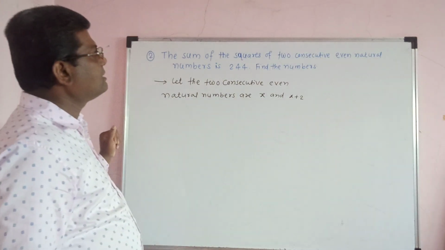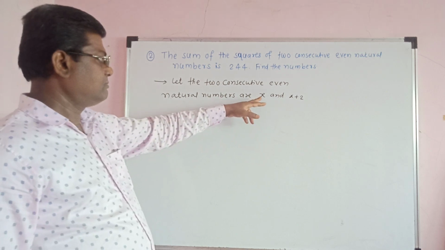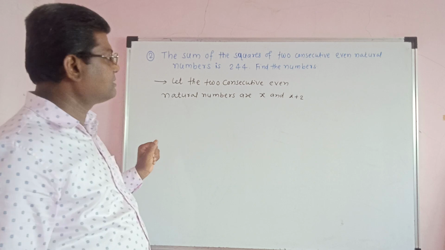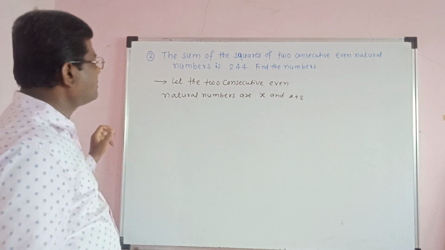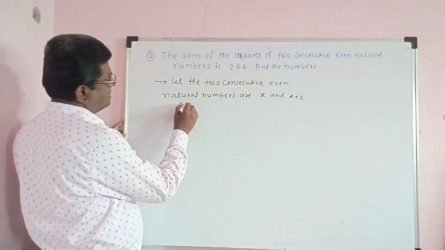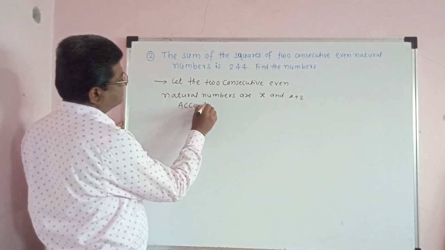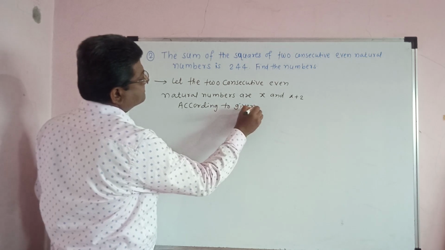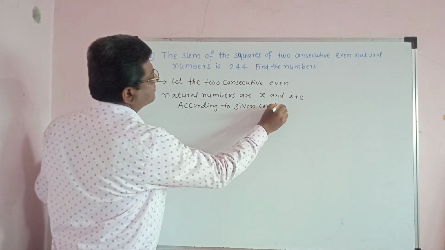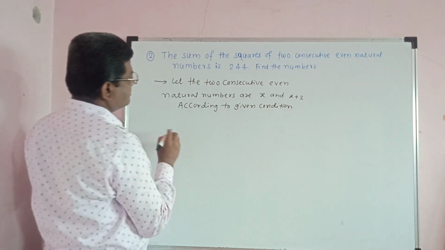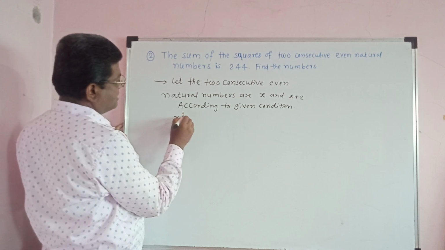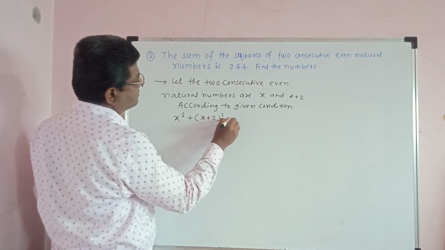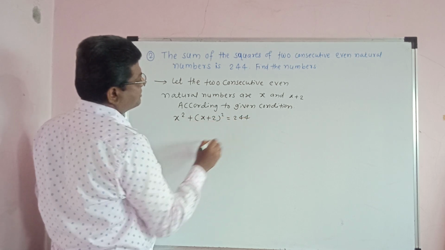Now the condition is the sum of squares of these two numbers is 244. Therefore, according to the given condition, x square plus x plus 2 bracket square is equal to 244.